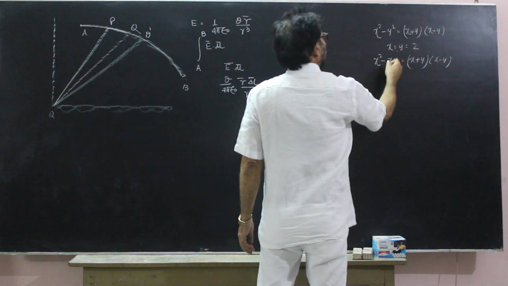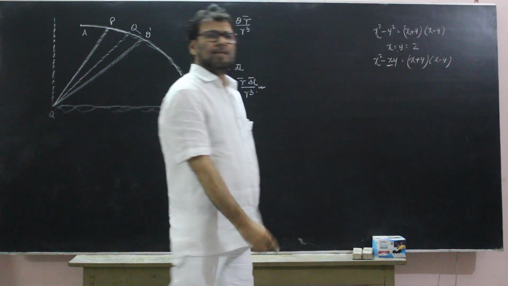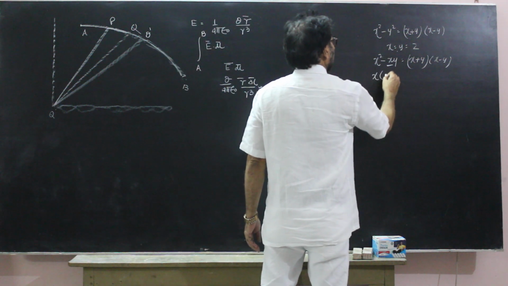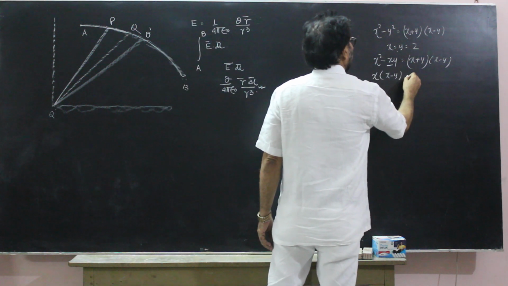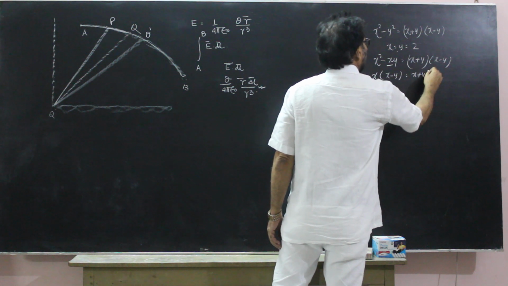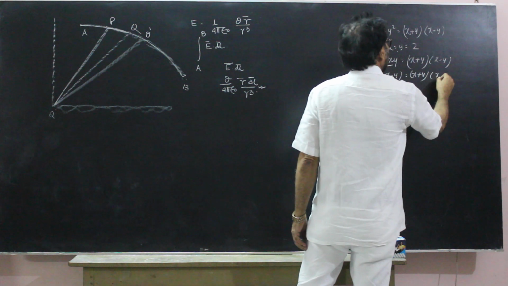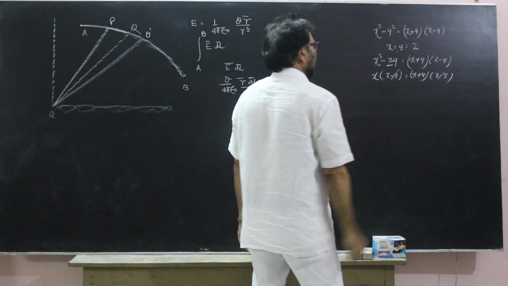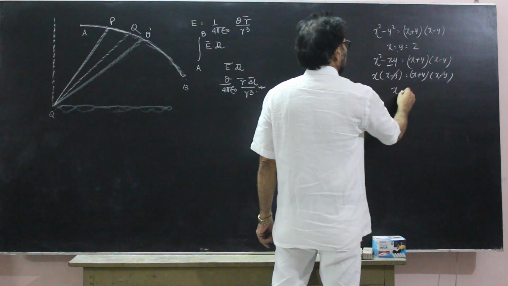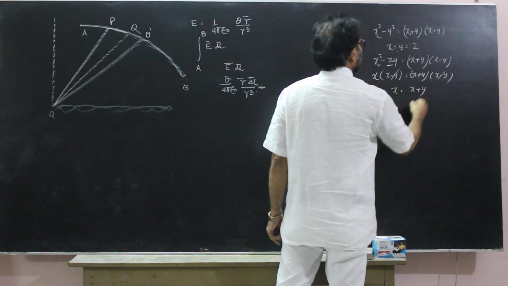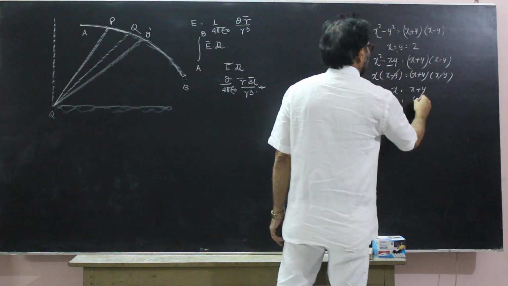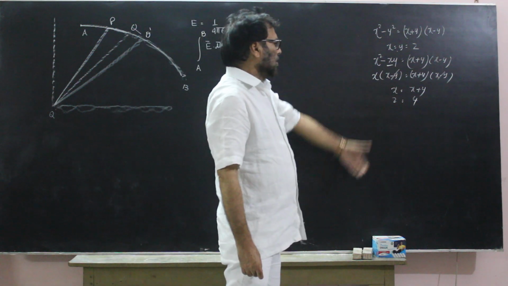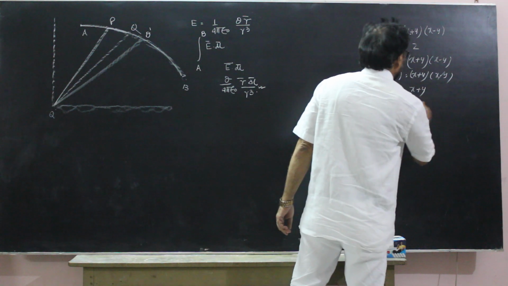As x and y are equal, so y square can be written as x into y. Now x minus y is equal to x plus y and x minus y. This x minus y cancel each other. So x is equal to x plus y and 2 is equal to 4. So the result is absurd. 2 is equal to 4.